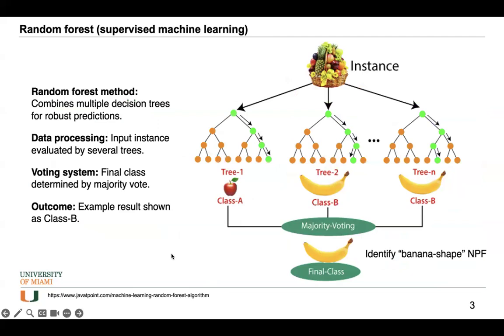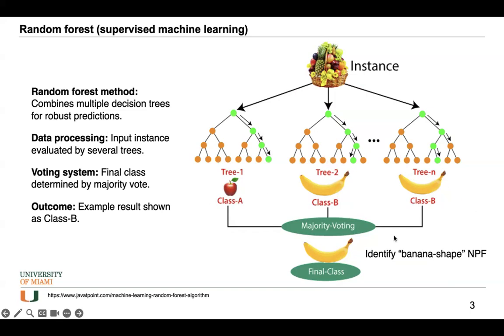This slide briefly introduces supervised machine learning, the random forest, which is what we used in our study. This diagram shows an analogy of the principle of random forest. If we have a fruit basket, representing a larger data set, it can be divided into different data sets, which means different decision trees.